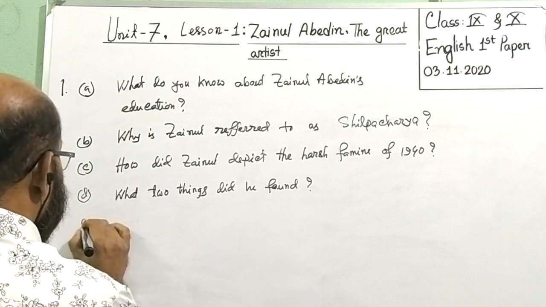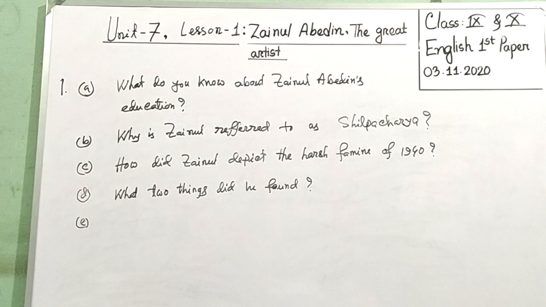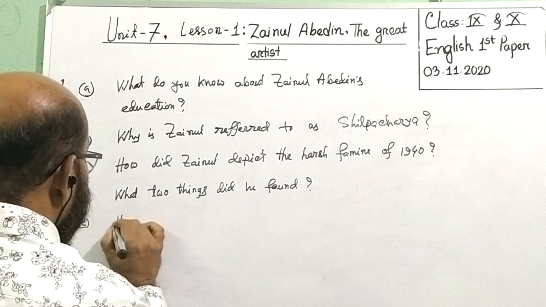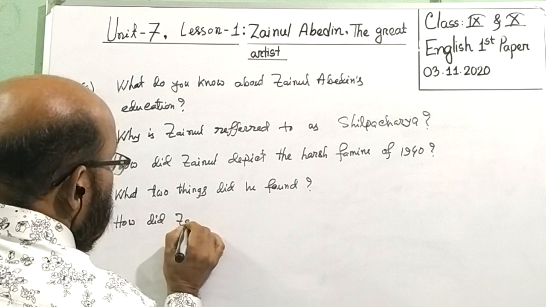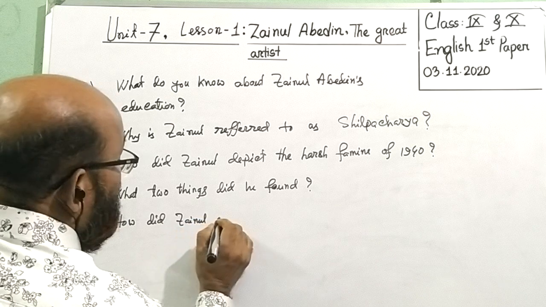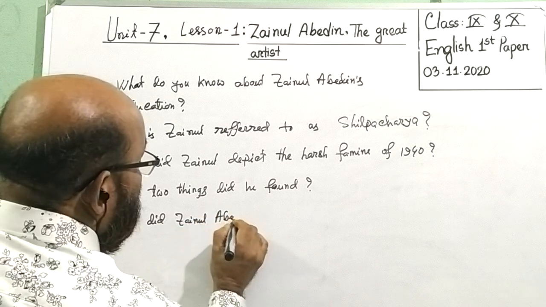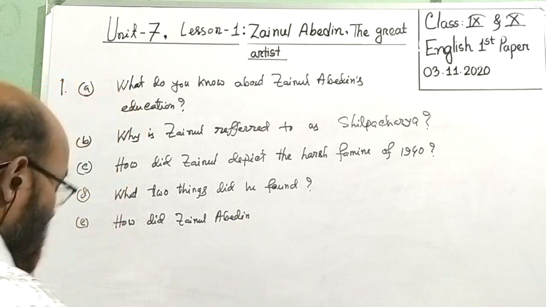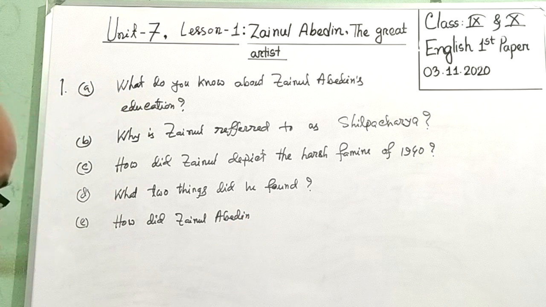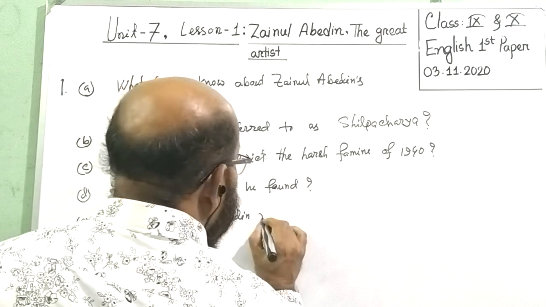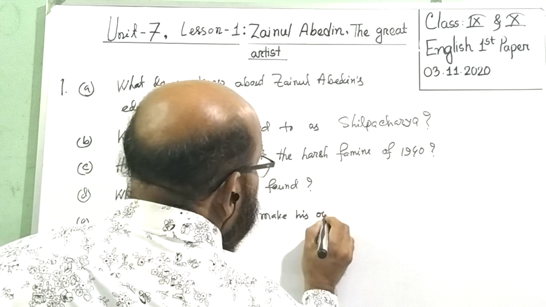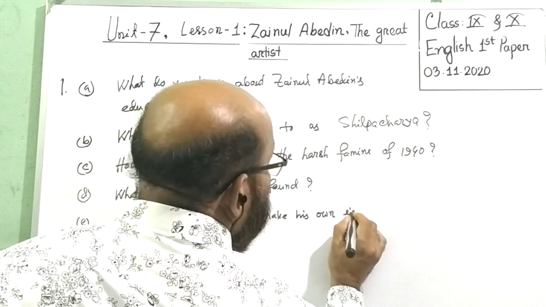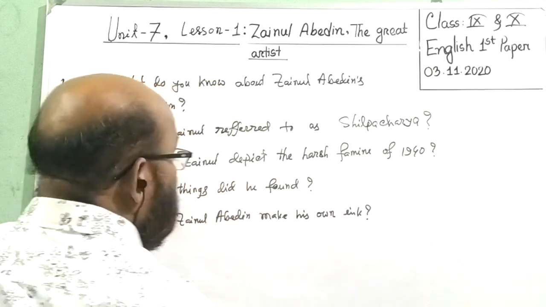Last number E. How did Zainul Abedin make his own ink?